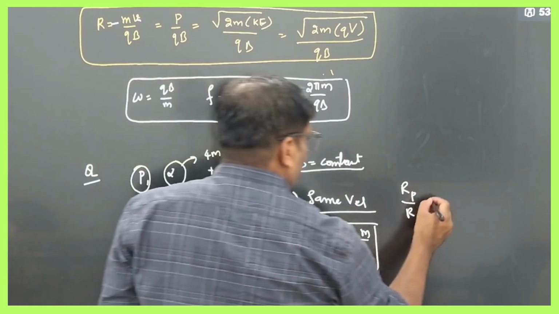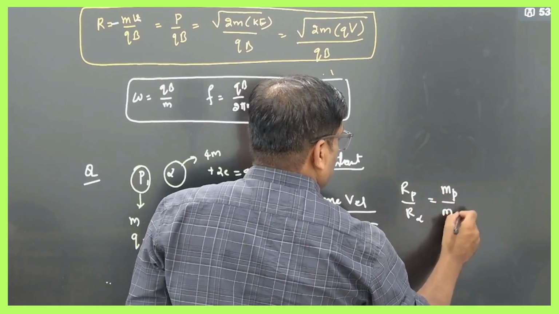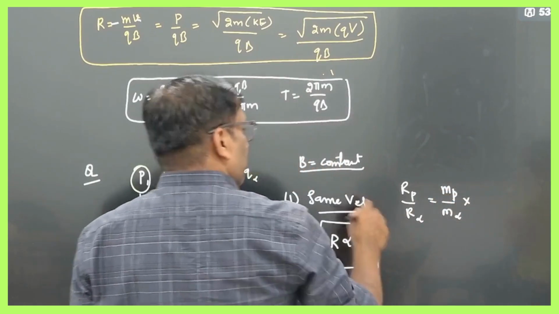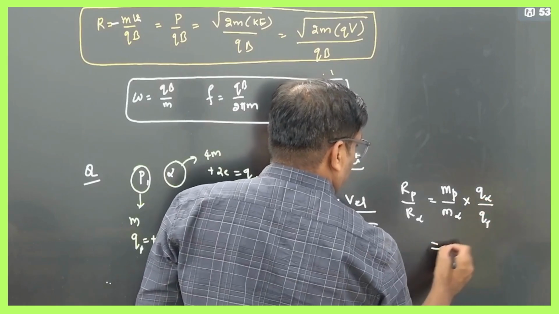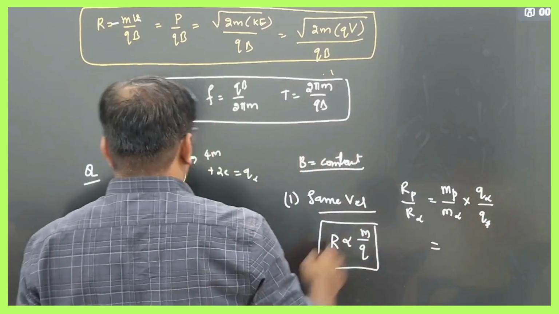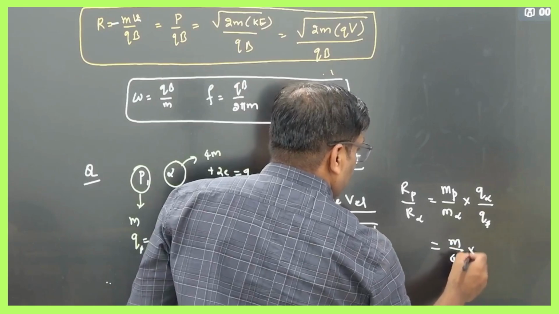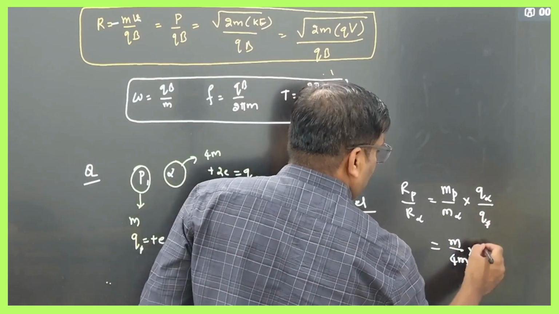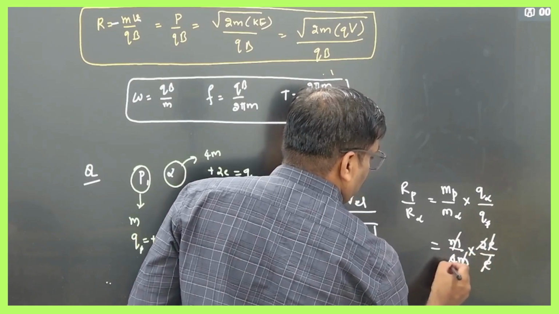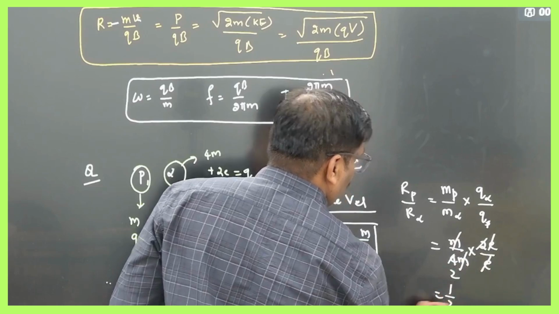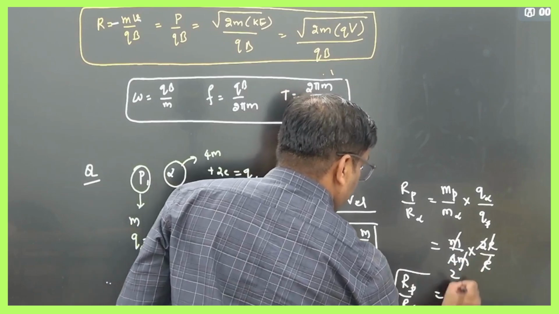So radius of proton by radius of alpha equals mass of proton by mass of alpha into charge of alpha by charge of proton, which is m by 4m into 2e by e. The e gets cancelled out, therefore it will be 1 by 2.